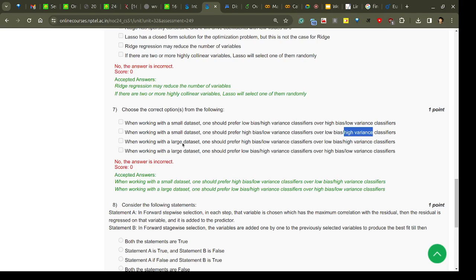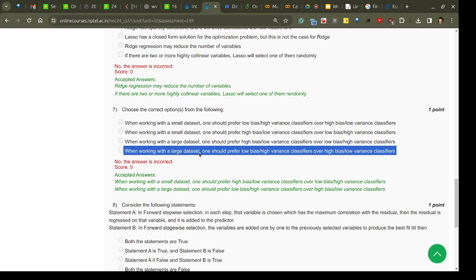But in case of a large data set, it contains a very diverse set of examples that you can expect. If we have maybe 1 million data points, it will have examples from many categories, many kinds of things will be there.